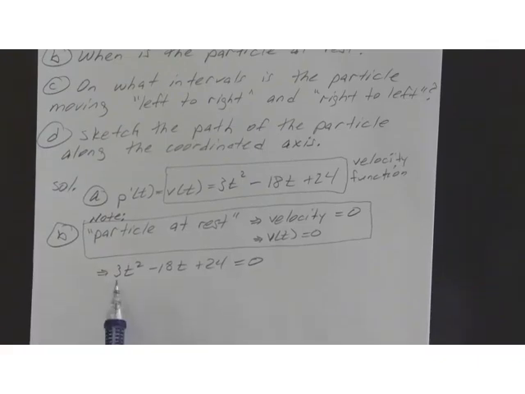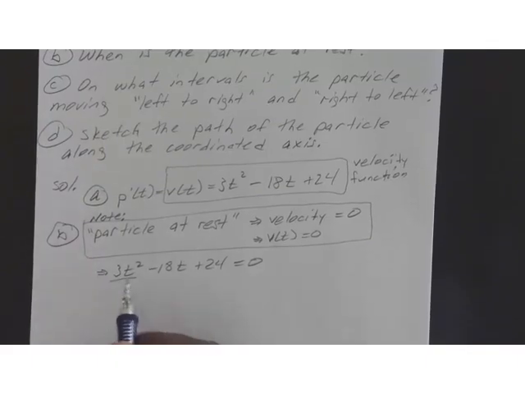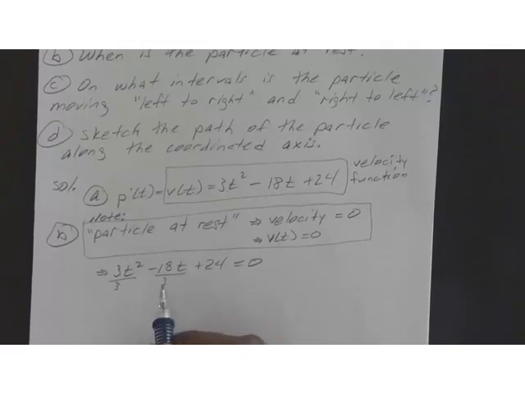Okay. Now we could factor this using the a times c method or the quadratic formula, but it'll be a lot easier just to divide each term by 3.